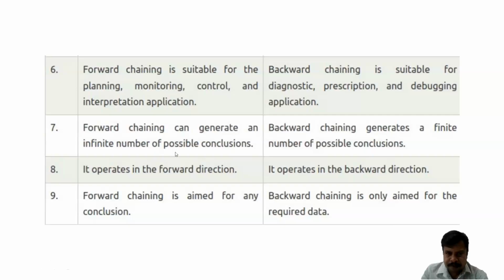Forward chaining can generate an infinite number of possible conclusions. Backward chaining generates a finite number of possible conclusions. Forward chaining operates in the forward direction. Backward chaining operates in the backward direction. Forward chaining is aimed at any conclusion. Backward chaining is only aimed at the required data.